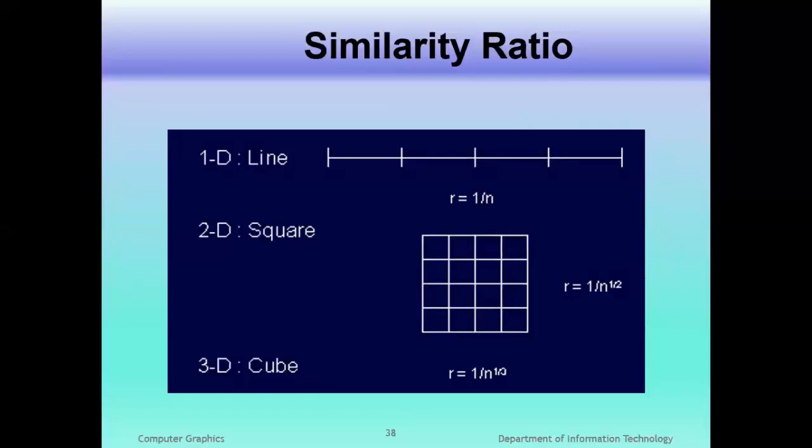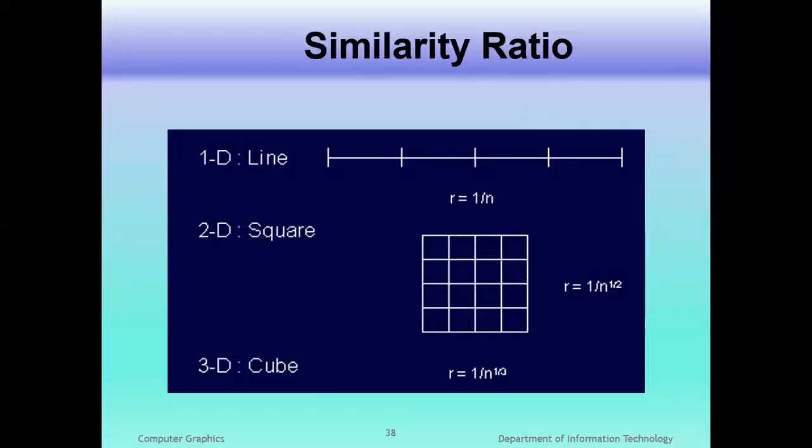And if the object is broken into 3D objects like cube, sphere, etc., then we give the dimension d equal to 3. Here, the variable d is called the topological dimension.